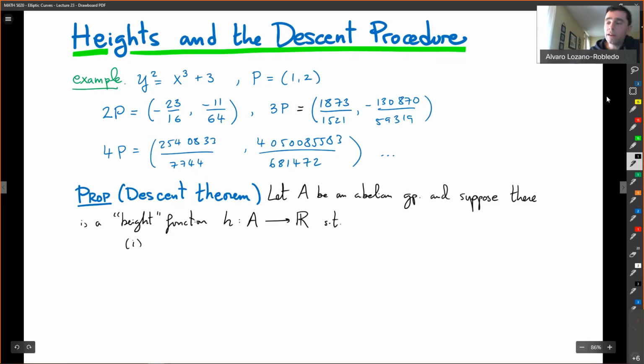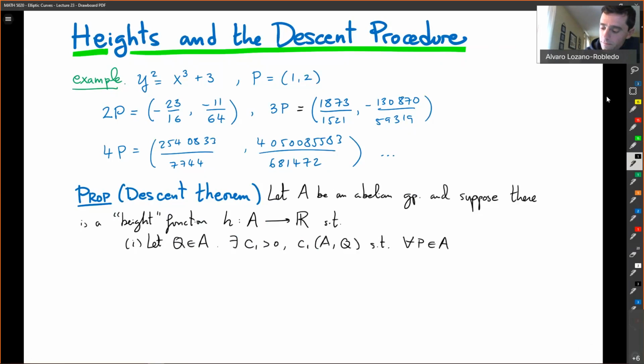1. Let Q be in A. Then there is a constant C1, the constant depends on A and Q, such that for all points P in A, the height of P plus Q is less than or equal to twice the height of P plus C1.